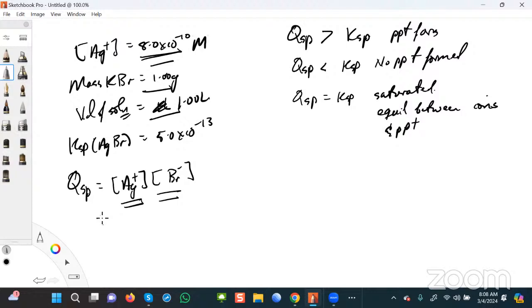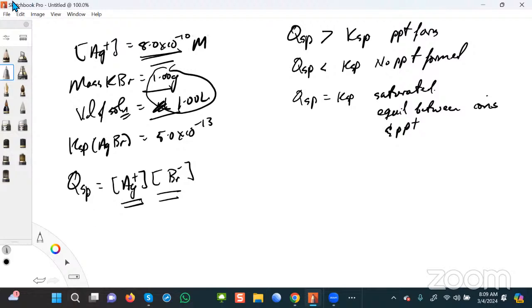Any ideas? Not quite. The hint lies in these two numbers right here. You're trying to find the concentration of bromide ions so that you can get the QSP value. You're given the mass of potassium bromide as 1.00 grams and the volume of the solution as 1.00 liters.